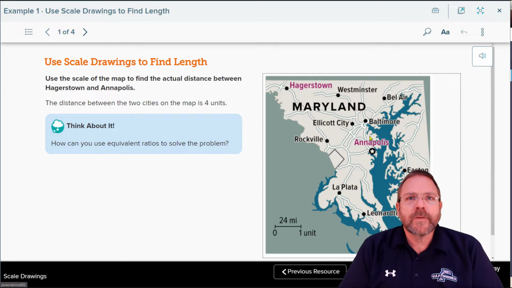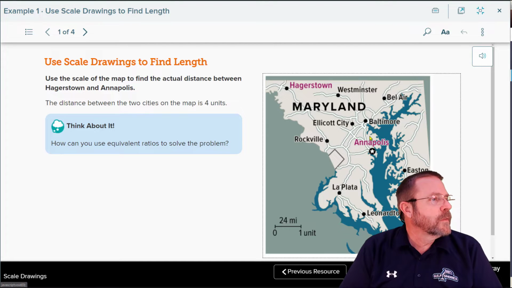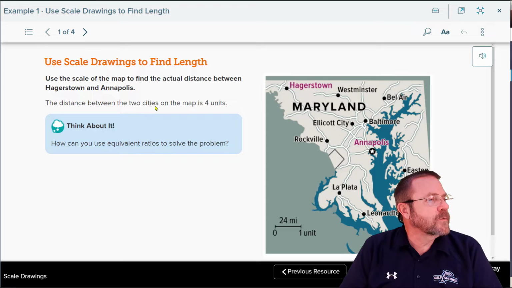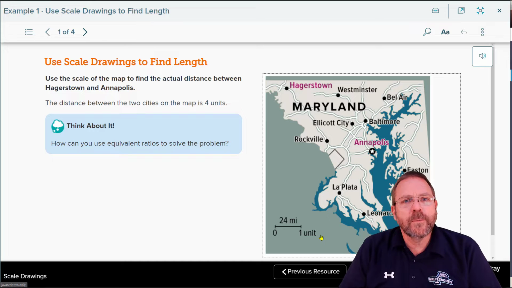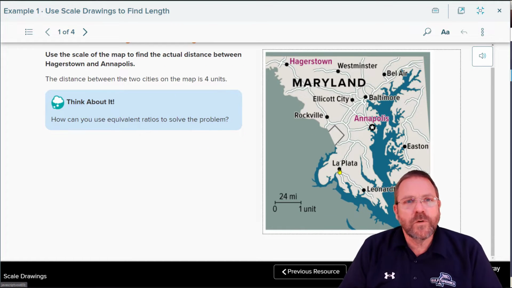Example 1 is asking us how we can use the scale of the map to find the actual distance between Hagerstown and Annapolis. And what they tell us is that the distance between the 2 cities on the map is going to be 4 units. They are using the term unit here because due to zooms on computers and whatnot, we can't exactly say that that's an inch or a foot or something like that.